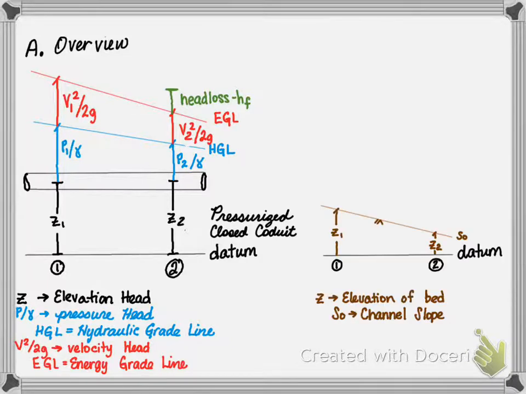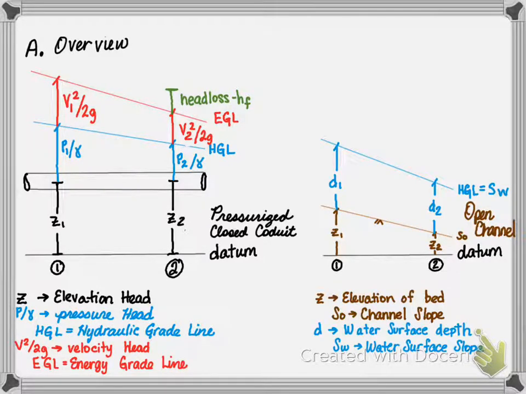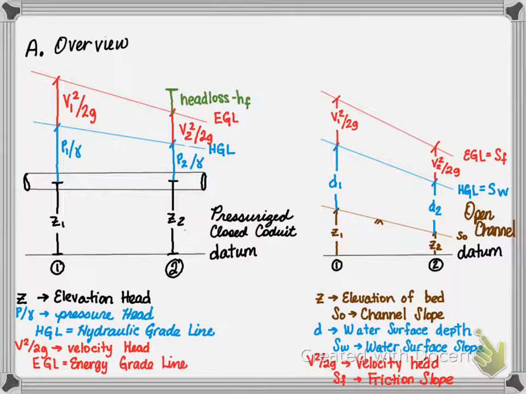On the other hand, in an open channel, elevation is measured from the datum to the bottom of the channel. The slope between point 1 and 2 is the bed slope. Next is the hydraulic grade line, which is depicted by the flow depth within the channel. The hydraulic grade line, or HGL, is also the water surface slope. Finally, the energy grade line occurs by adding in the velocity head.